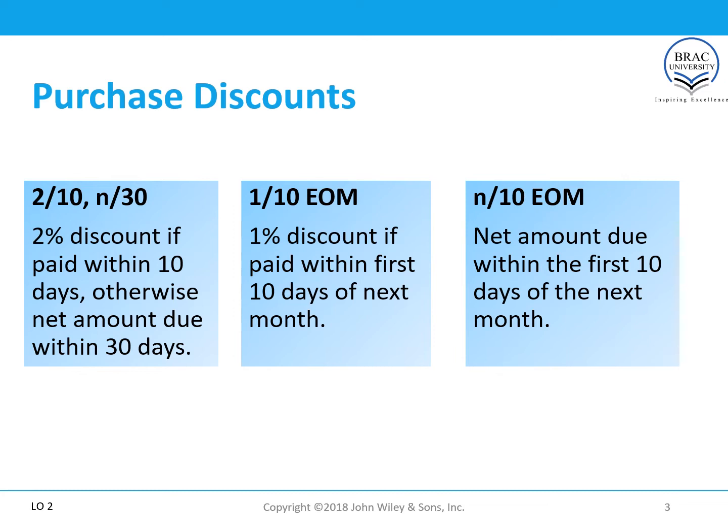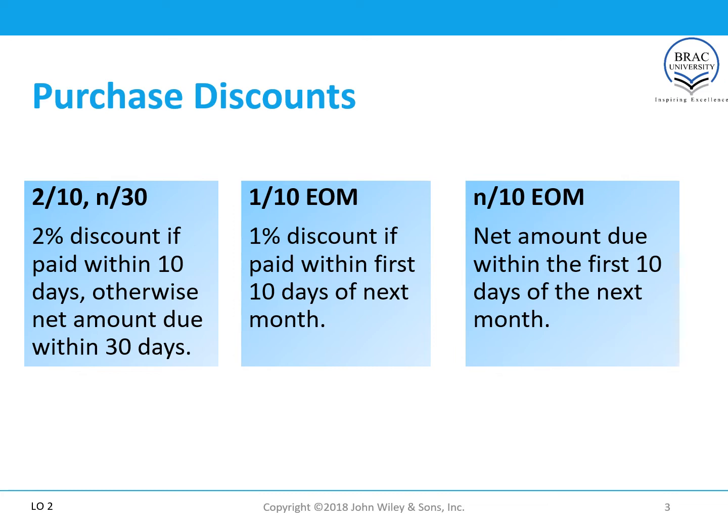The next term is 1/10 EOM, where EOM means end of the month. This means that a 1% discount is available if the payment is made within the first 10 days of the next month. So let's consider that a merchandising company buys some goods on June 15th.